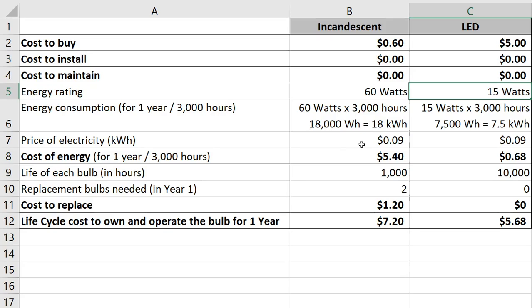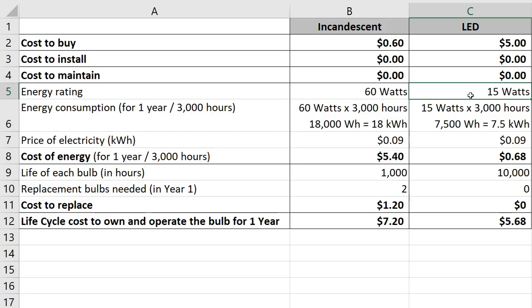So what you need to do now is work out the cost of energy for 1 year, so 3,000 hours. For the incandescent bulb, that's 18 multiplied by 0.09 to give me $5.40. That's the cost of electricity to power the incandescent light bulb for the year for that 3,000 hours of lighting needed.